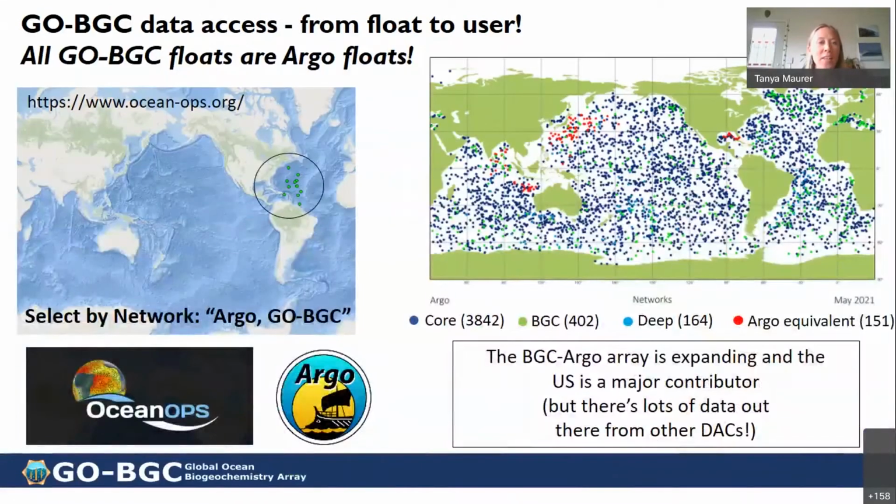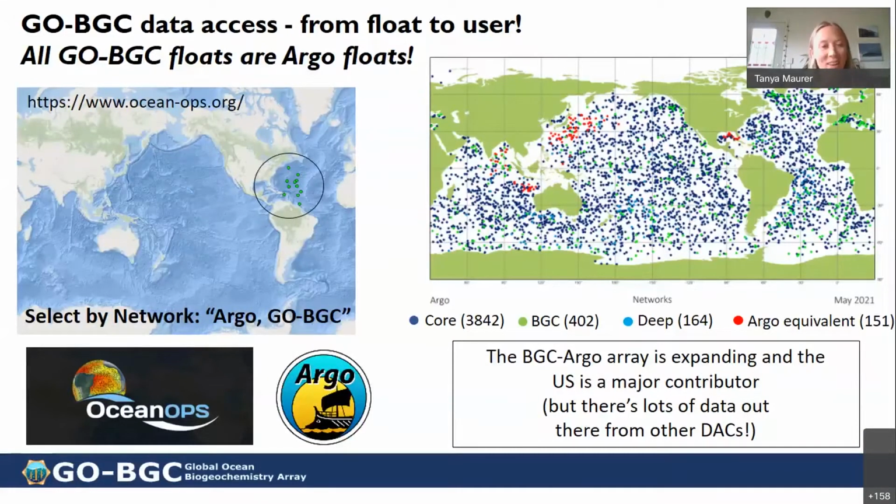Then I wanted to take a closer look at some details related to these two separate processing pathways. Ken mentioned early on in this workshop, all GO-BGC floats are Argo floats. I have an image there of the first deployments within GO-BGC, and that map was created using Ocean Ops, which is a great tool for users for exploring the Argo system and the BGC Argo floats available worldwide.